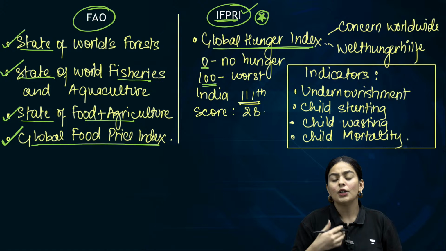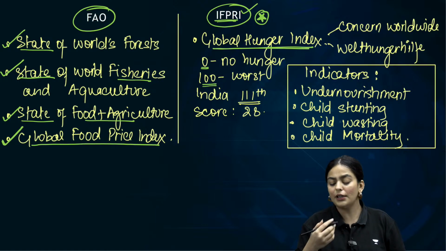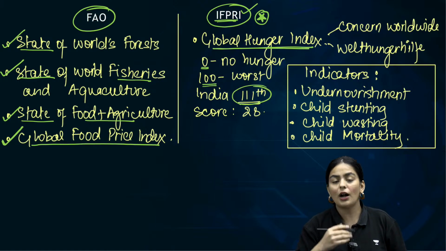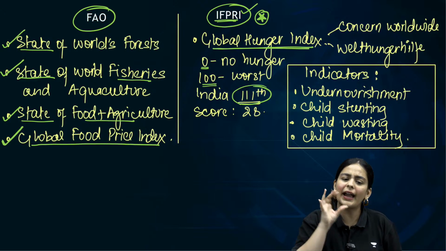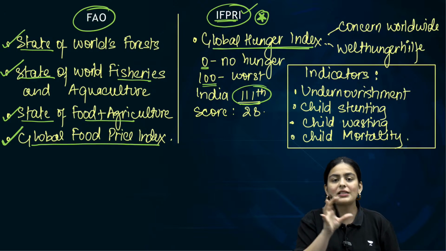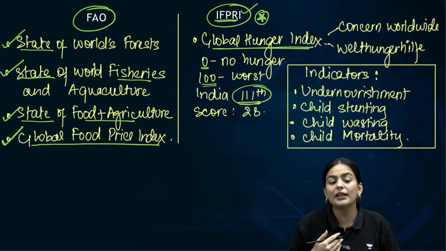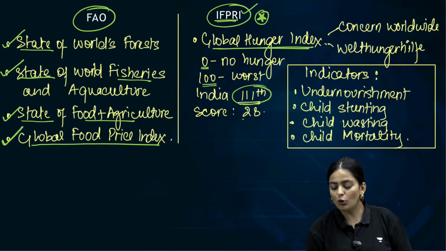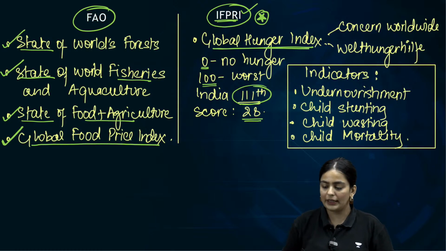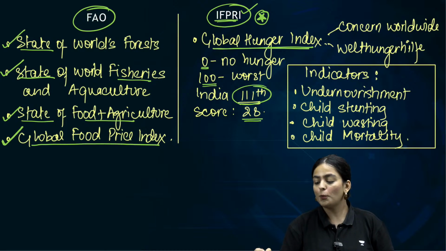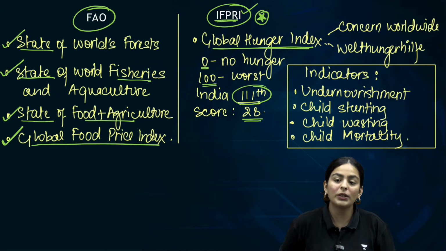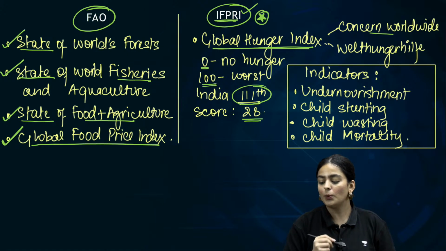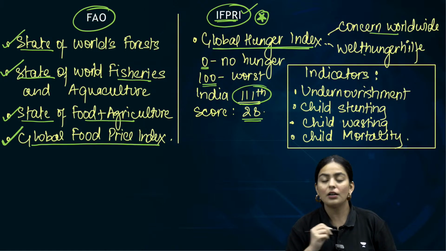Is India in the top 10 or top 100? No. India ranks around 111th. The rank will not be important. Just remember that we are not faring too well. The score that we have is around 28. A few participating institutions along with IFPRI are concerned worldwide with hunger and health.